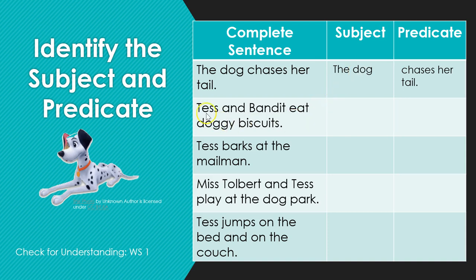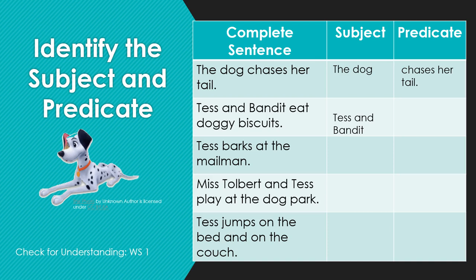Let's move on to the next one. Tess and Bandit eat doggy biscuits. We're looking for the subject. Here's a hint. This has more than one subject. Tess and, oh, I put biscuit. Let's give that a change. So, changed it so that it has the correct subject.